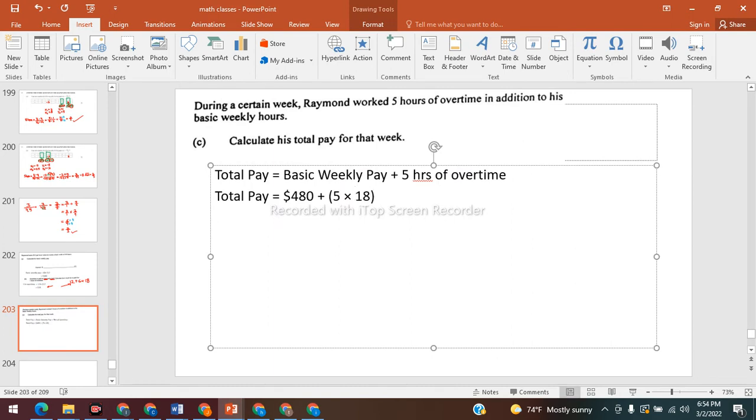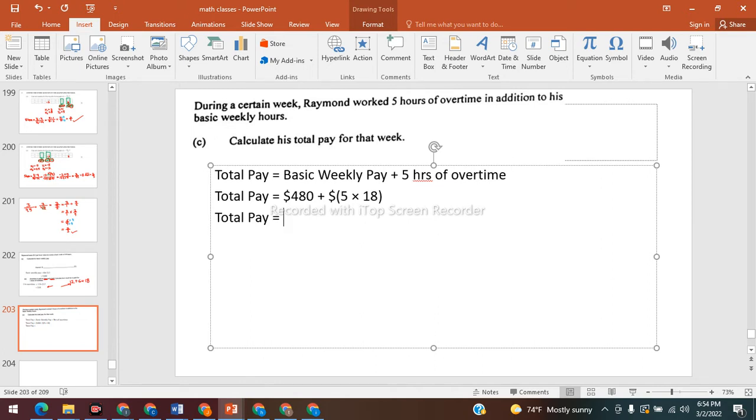So his total pay is going to be equal to $480 plus 5 times 18.